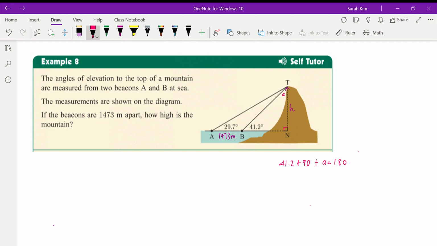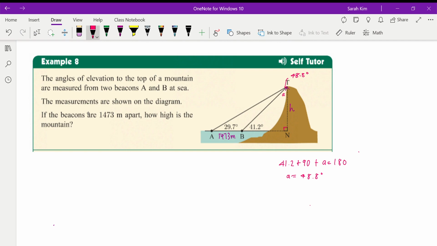So if I rearrange that and solve it, hopefully I won't have to explain how to do that, I get A is 48.8 degrees. So I might just write a little arrow, 48.8 degrees.